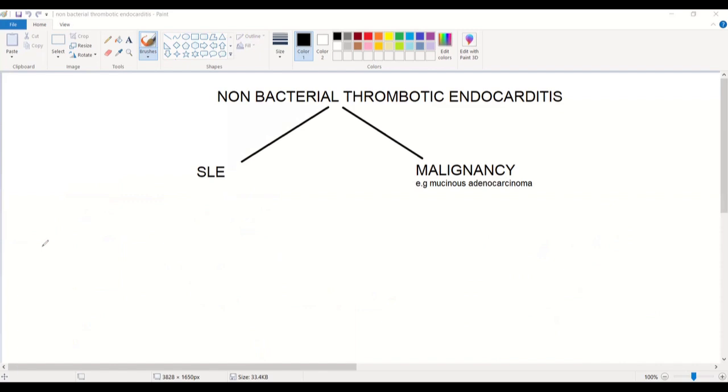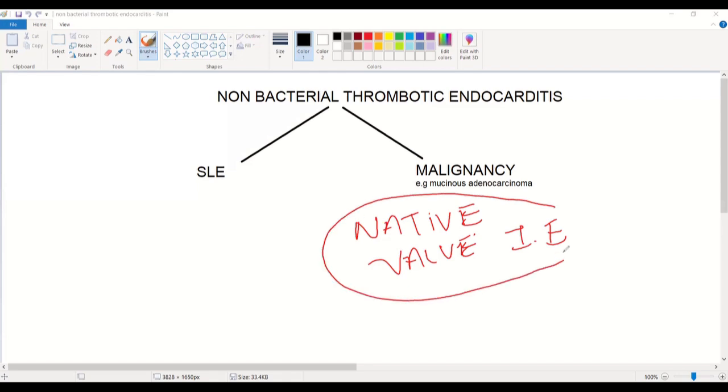Okay, the last thing. What is the most common predisposing condition for native valve infective endocarditis? Mitral valve prolapse with regurgitation.